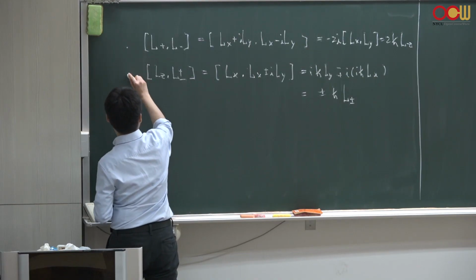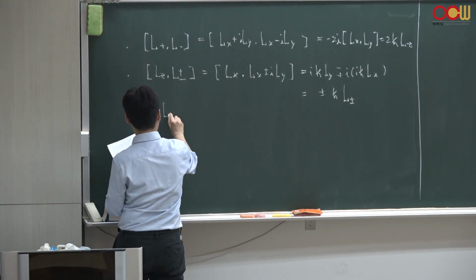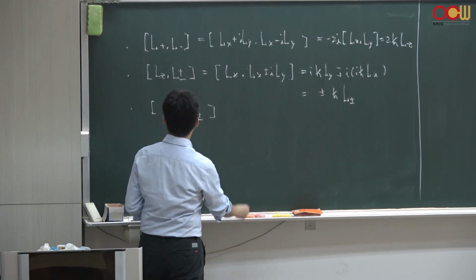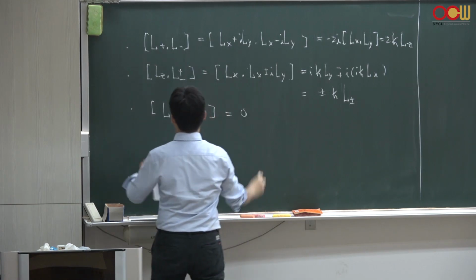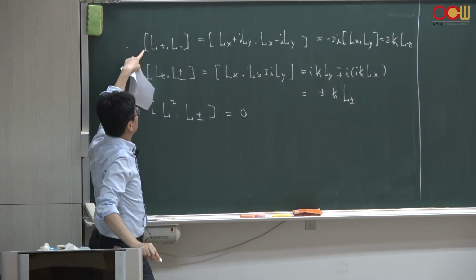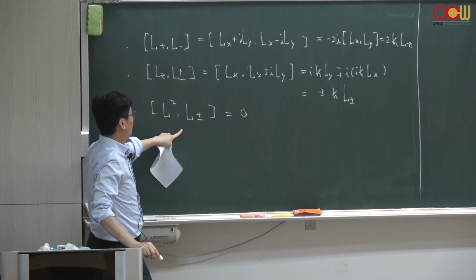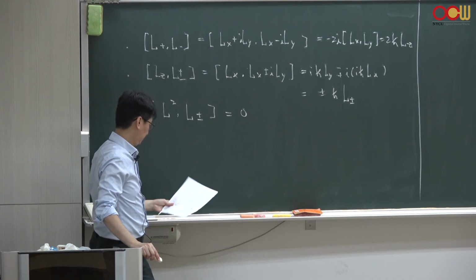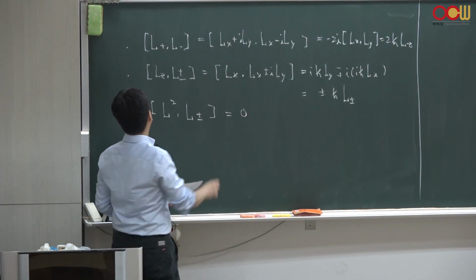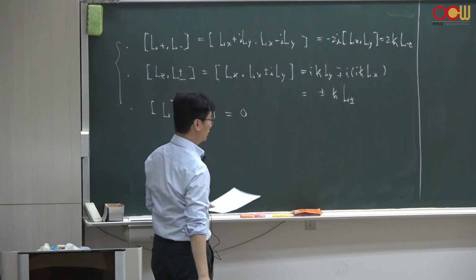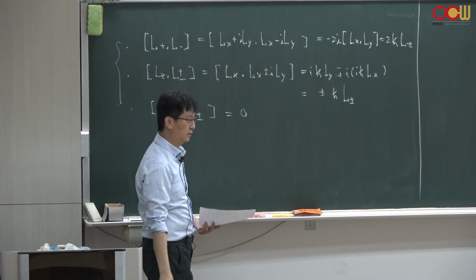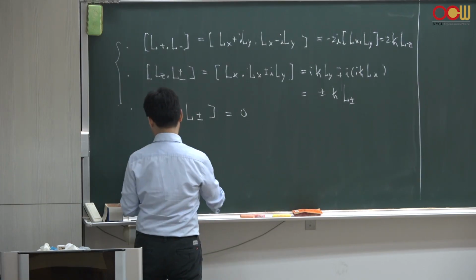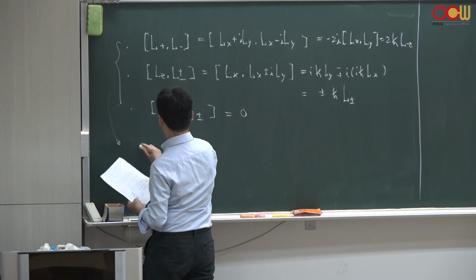We can also verify that the commutation relation between L squared and L plus minus is 0. You can simply use the first result and plug in the third commutator and verify that this is 0. Based on these three commutation relations, we can rewrite L squared in terms of the L plus L minus product, which will be used later.